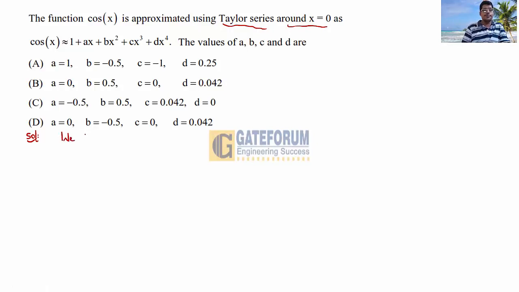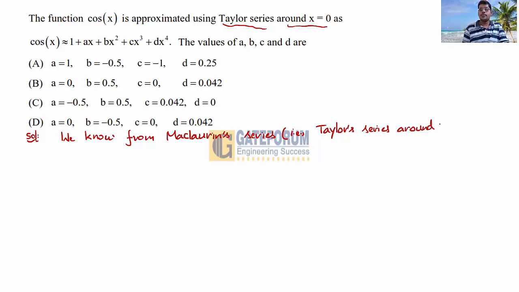So we know from Maclaurin's series, that is Taylor's series around x is equal to 0, cos x is equal to 1 minus x square by 2 factorial plus x power 4 by 4 factorial minus and so on.